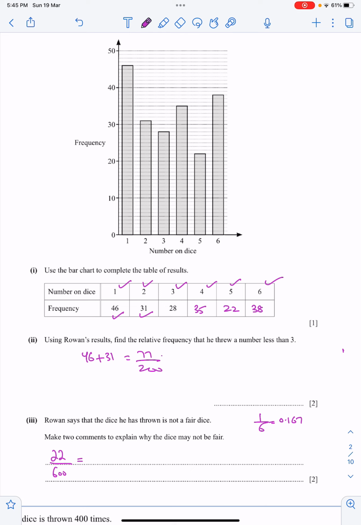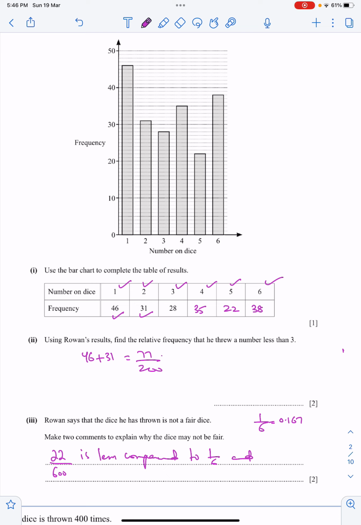And 22 upon 600 is 0.036, which is less compared to 1 upon 6.